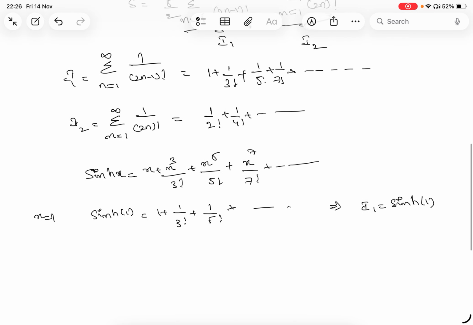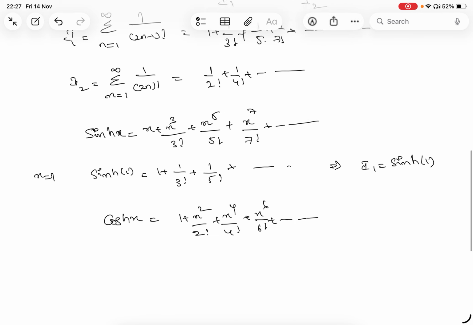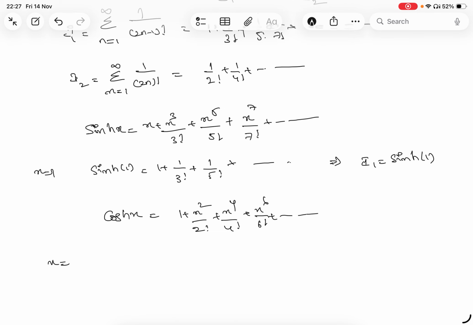Now the other function cosh x is 1 plus x square by 2 factorial plus x power 4 by 4 factorial plus x power 6 by 6 factorial plus and so on. Right? If x equal to 1 here, then cosh of 1 equals 1 plus 1 by 2 factorial plus similarly 1 by 4 factorial plus and so on.